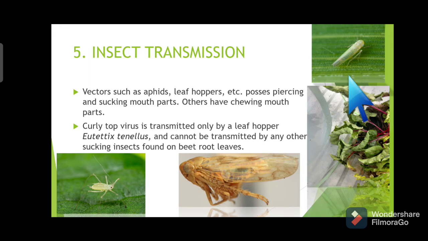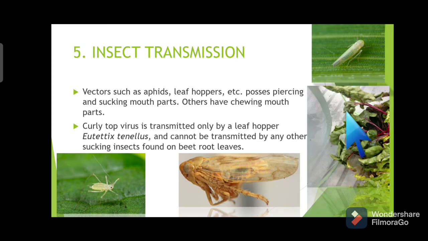Now, all the insect vectors cannot transmit different viruses indiscriminately. You should keep this in mind, that not all insect vectors can transmit any virus disease indiscriminately. For example, here I'm showing the curly top virus of beetroot.